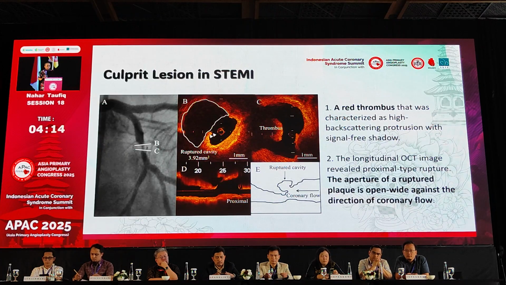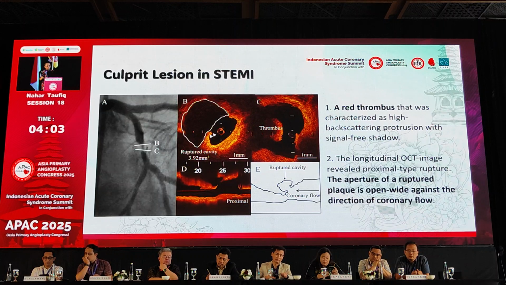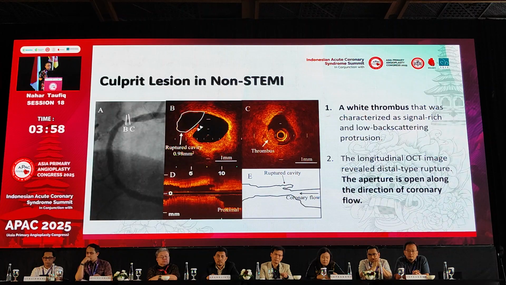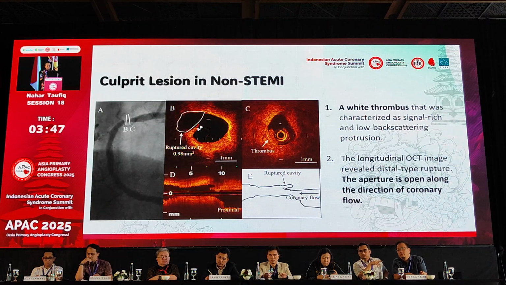It is a specific lesion in STEMI. In STEMI, the aperture of the ruptured plaque opens against the direction of the coronary flow. But in non-STEMI, the aperture opens along the direction of the coronary flow. And I cannot define how it comes to be like this.